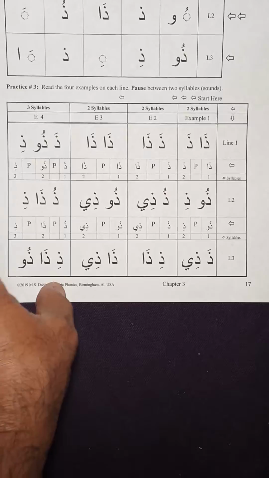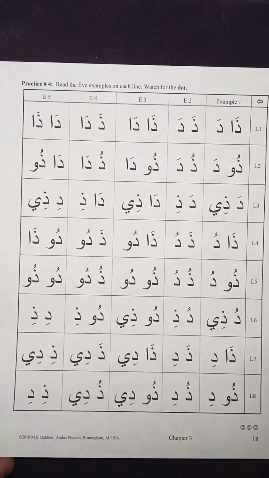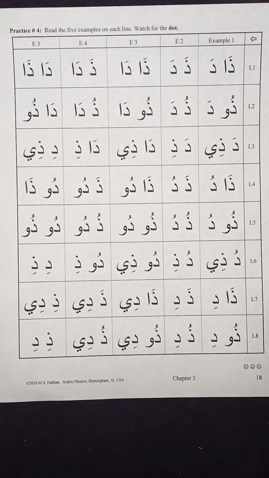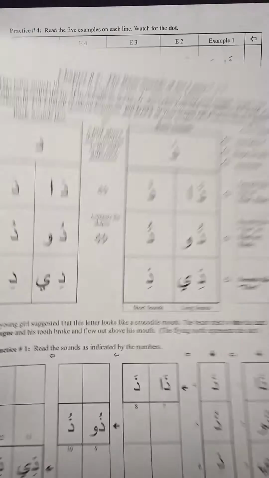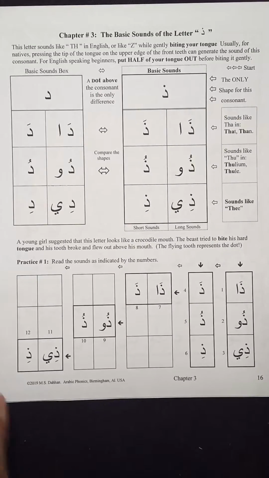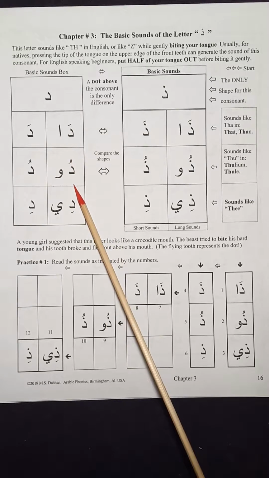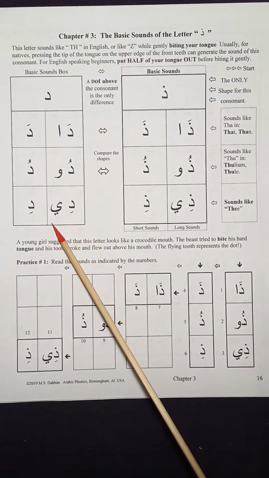Okay, so we're done with page 17. Page 18, oh wow, that's very short. That's a good bit of exercise right there. But before that, let me give it another shot here for you. You learned before, we have da, do, di.